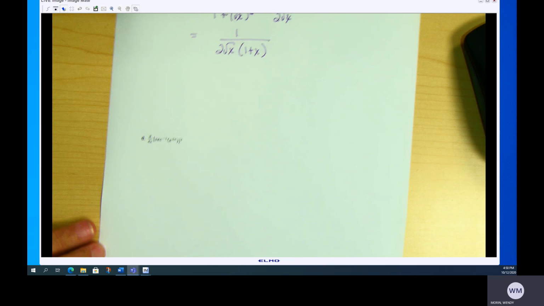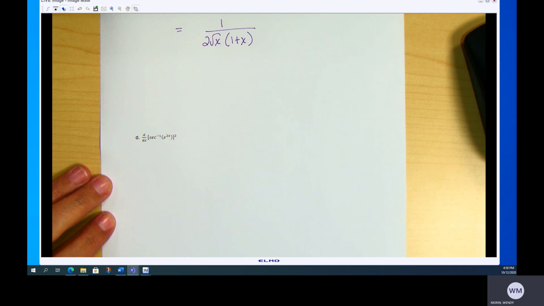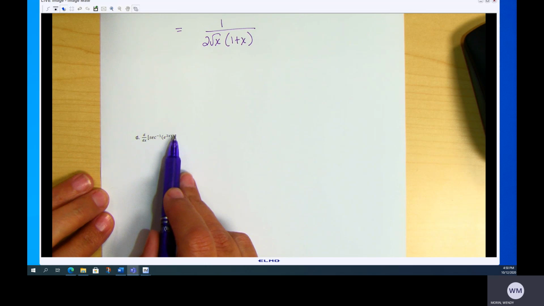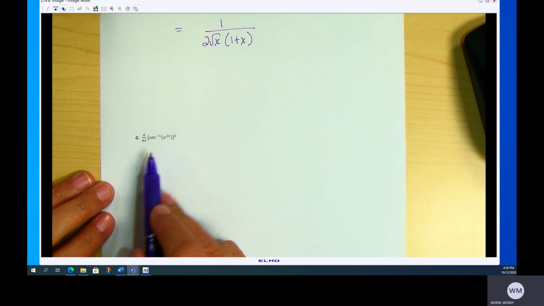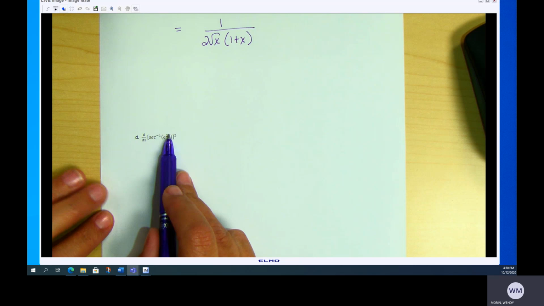Alrighty. Challenge problem. Go ahead and stop the video and see if you can do that. Alright, here we go. I see a lot of things. I see 4 functions in here. I see a square, I see an inverse trig function, I see an exponential function, and I see a linear function.